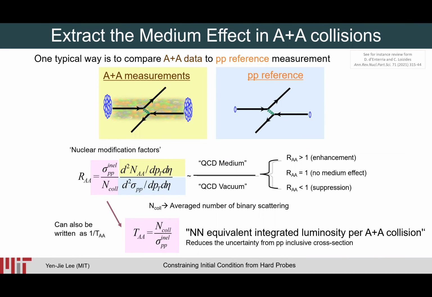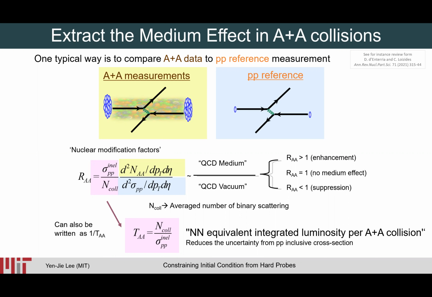And just a quick introduction of the main physics observable we have been using for revealing the medium effect in AA collisions. This is the nuclear modification factor, RAA. It's essentially the ratio of the QCD in medium versus QCD in vacuum.